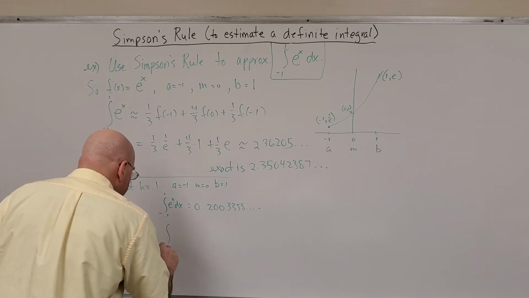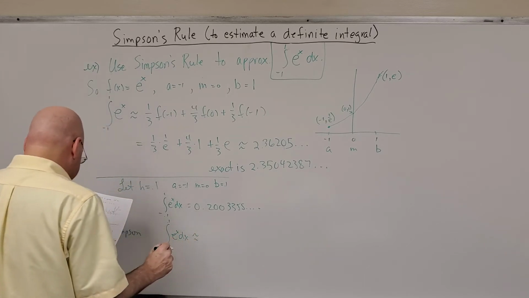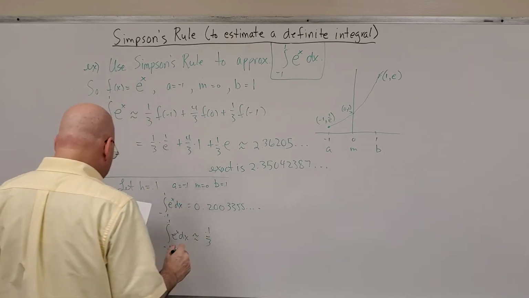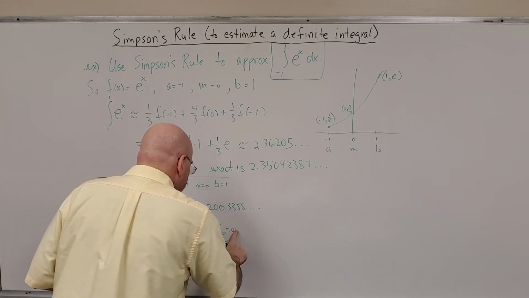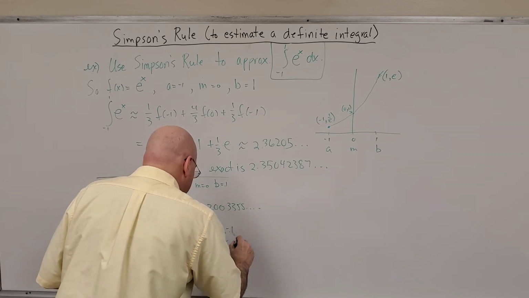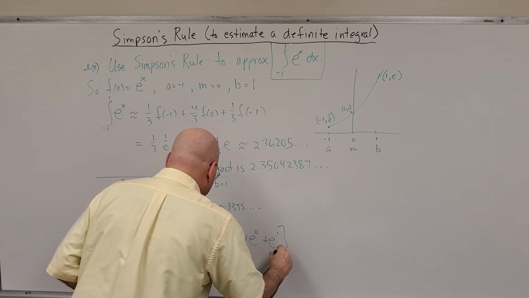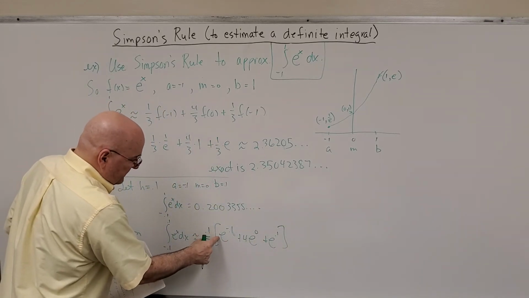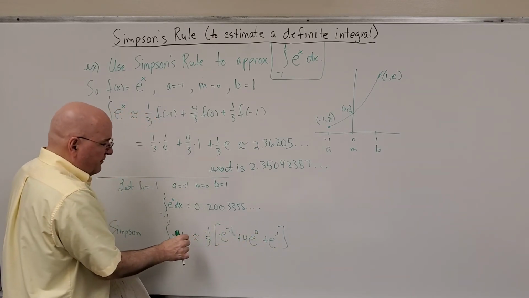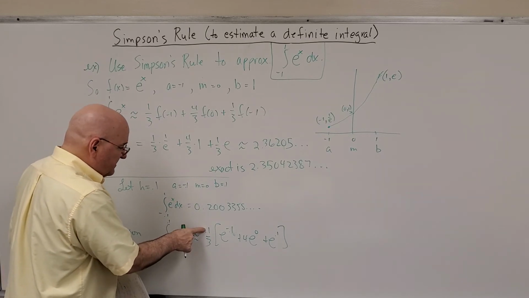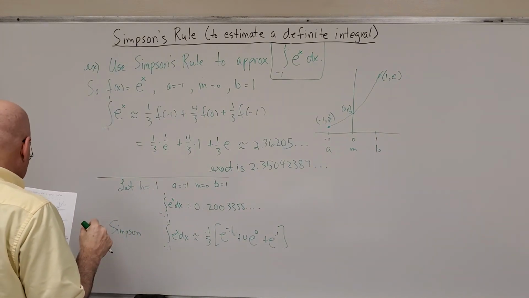I'll say the integral from -0.1 to 0.1 of e to the x dx is approximately equal to 0.1 over 3 times e to the -0.1 plus 4 e to the 0 plus e to the 0.1. Notice what I did: this is supposed to be 1/3, this is supposed to be 4/3, this is supposed to be 1/3. Well, I pulled the 1/3 out. And then this 0.1 is simply because that's the width of the interval from 0 to 0.1.